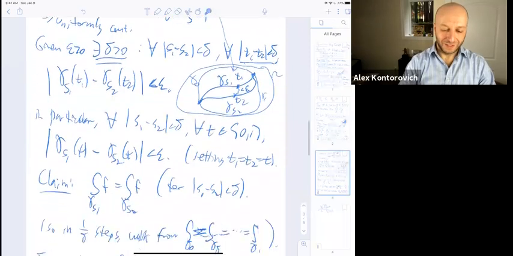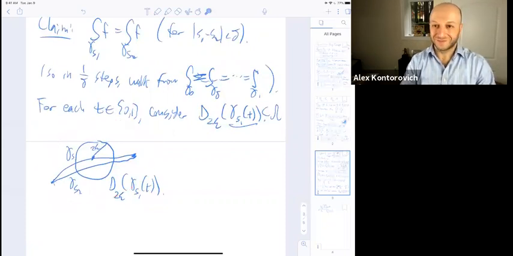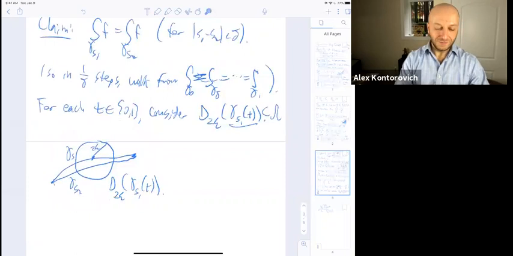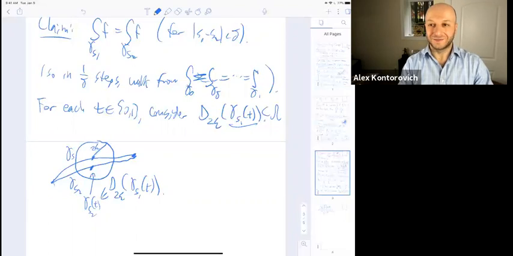So epsilon was chosen to make sure that when I take a disk of radius 2 epsilon, I'm still well within omega. Okay, that same epsilon reaches, since this is 2 epsilon, the point gamma S2 of t is inside this disk.